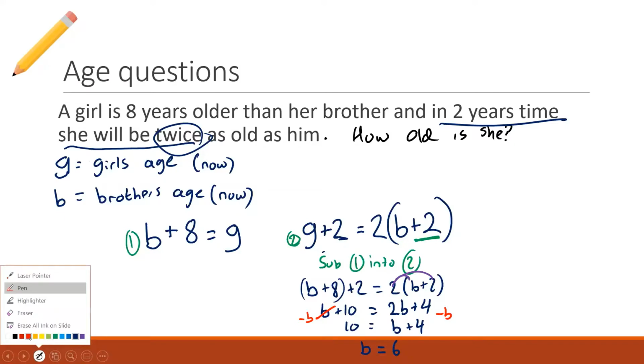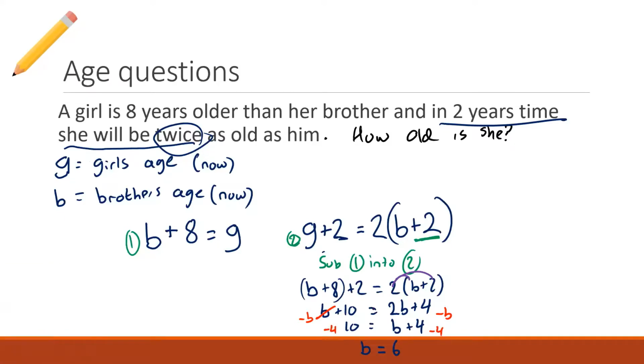And I can get that by subtracting 4 from both sides. And if the brother's 6, then the girl is going to be 8 years older. So she's going to be 14.